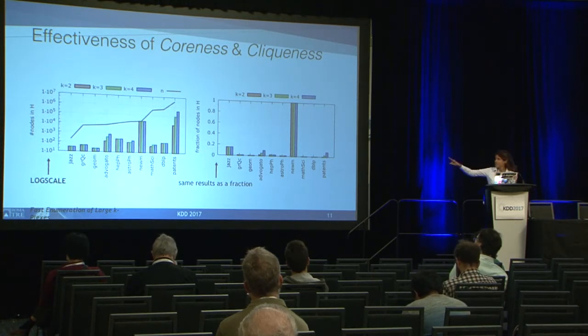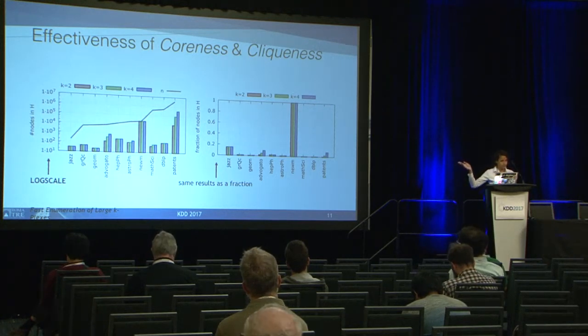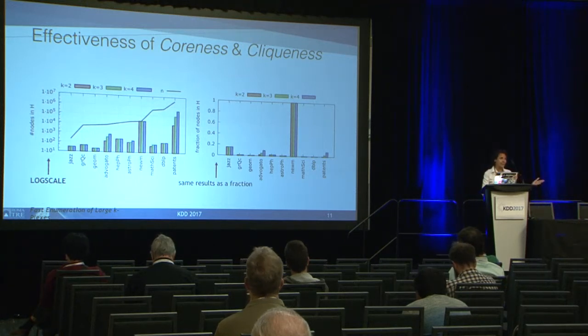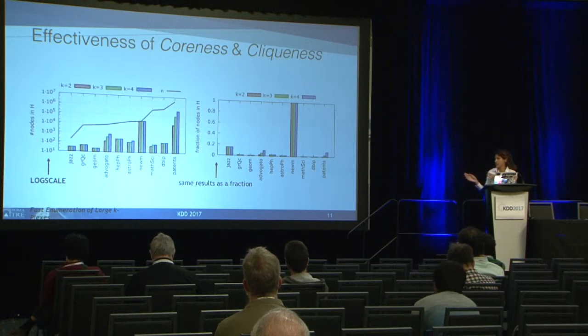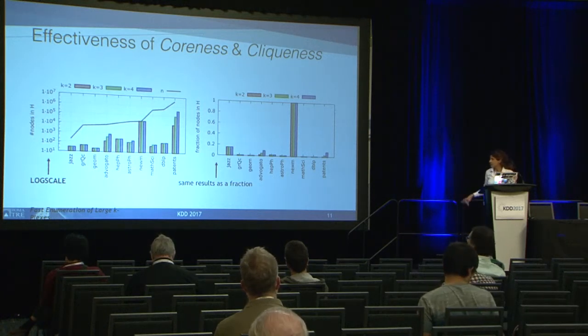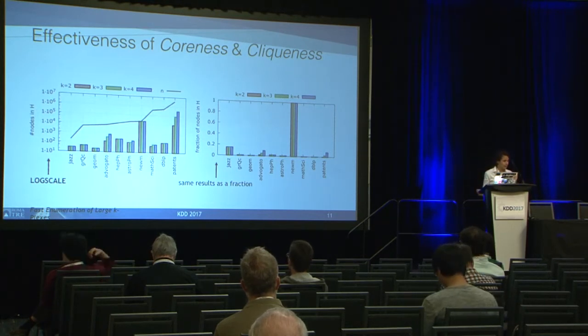The black line is the number of nodes, and the red, blue, and green bars represent the number of nodes after applying the two criteria. As you can see, that's log scale. Most of them are left with a few hundreds of nodes that can be processed using state-of-the-art methods. The other plot is really the same information, but plotted with fractions instead of absolute numbers.